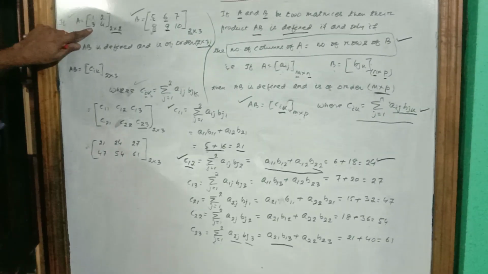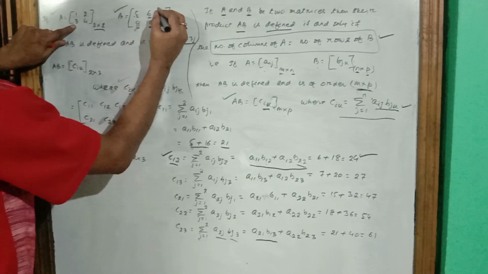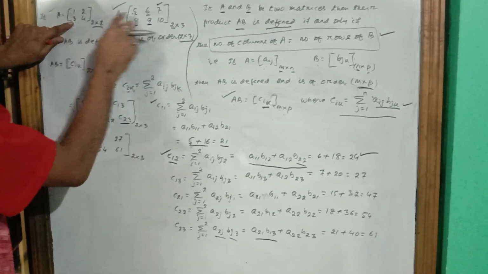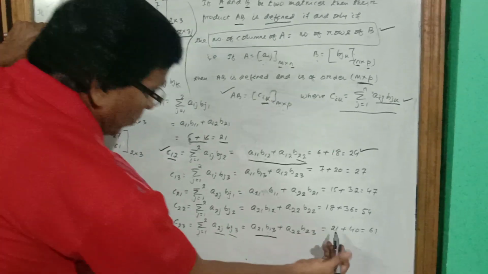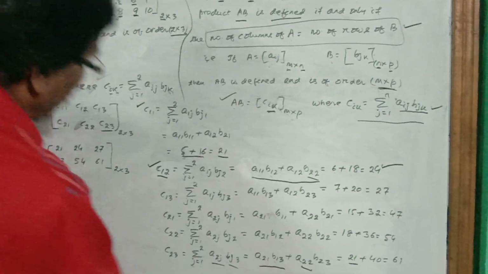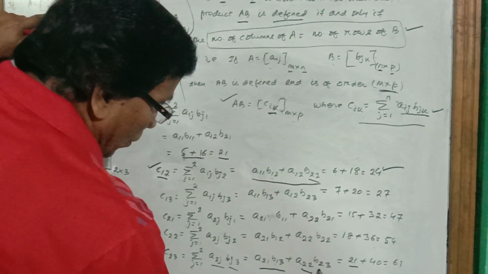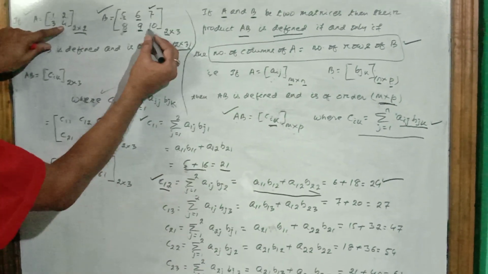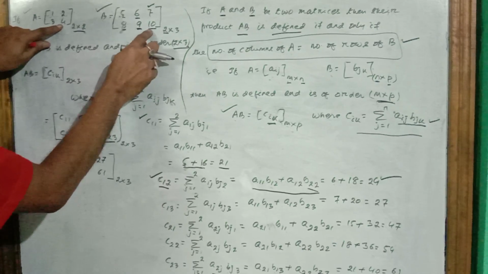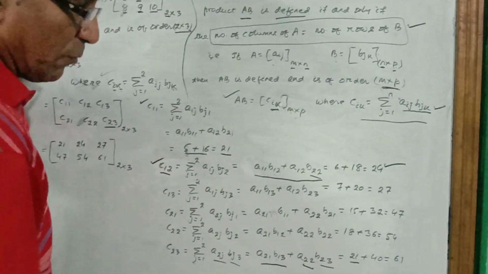A21 is 3, and B13 is 7, so it is 3 into 7, that is equal to 21, plus A22, which is equal to 4. So 4 into B23, which is 10, so 4 into 10 is equal to 40. So 21 plus 40, that is 61.